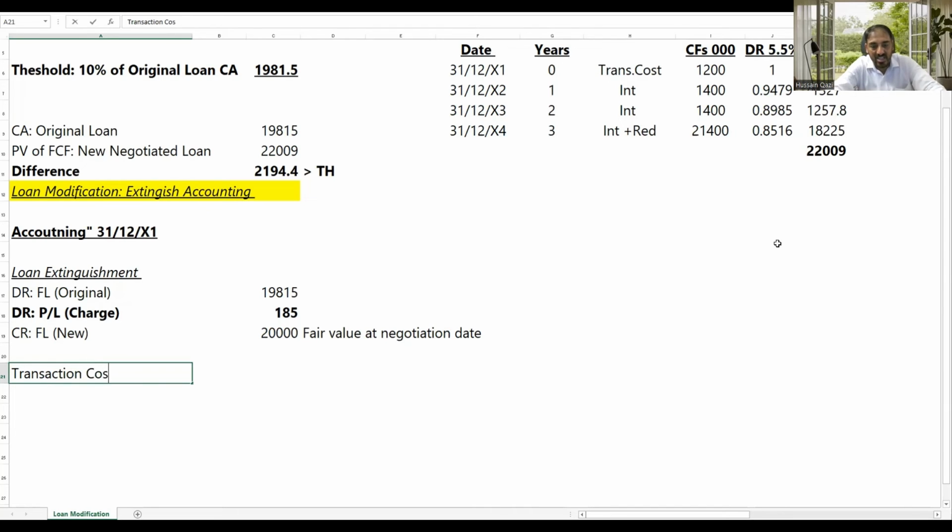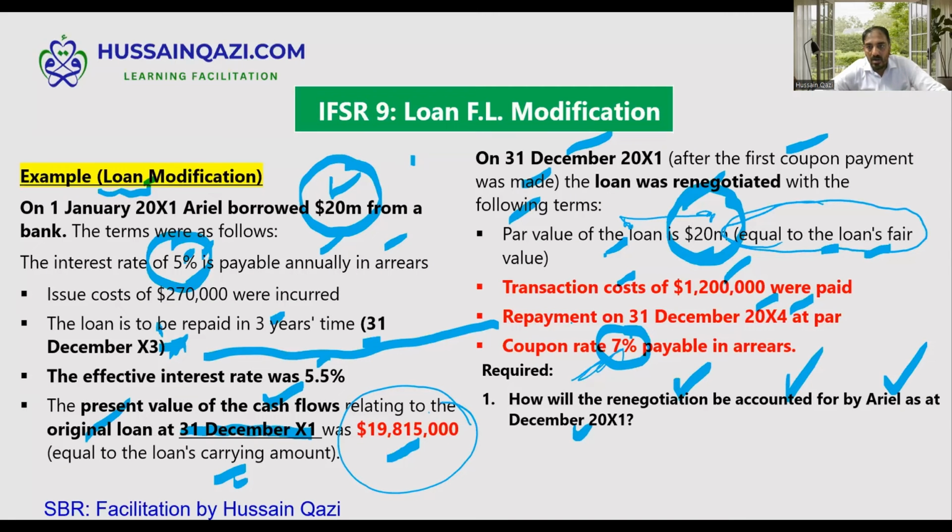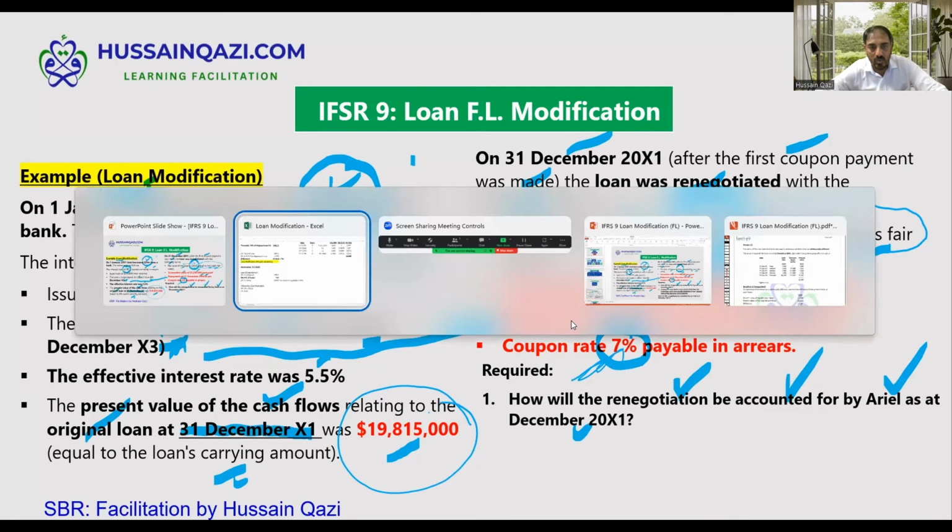In this case, the transaction cost of modification is immediately charged to the profit and loss account. Profit and loss account charge, and credit the bank. How much is the value? 1.2 million. That is 1200.